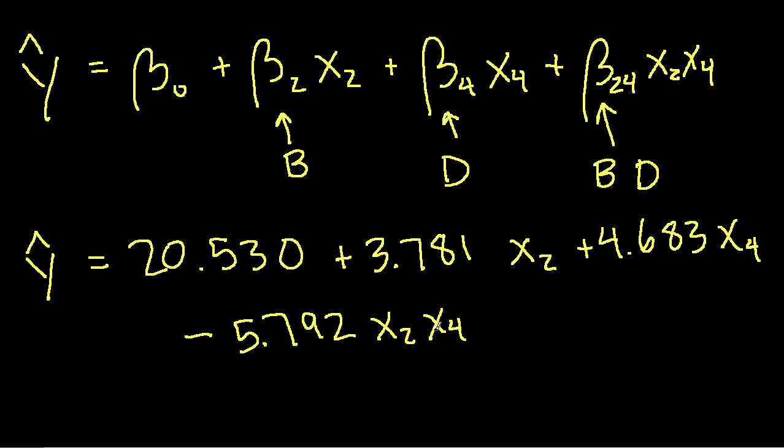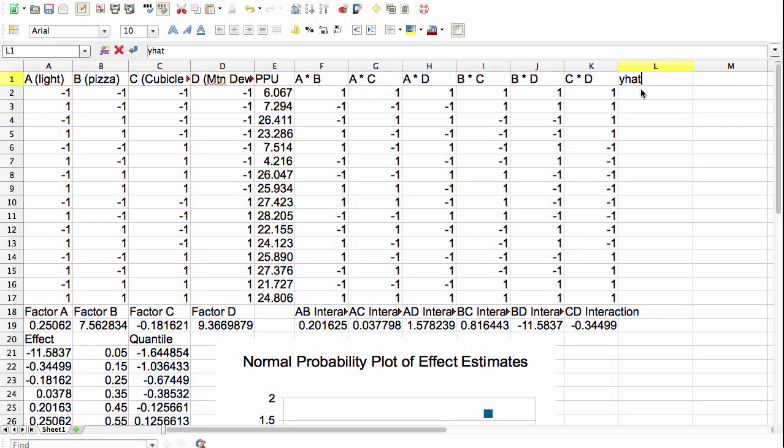One way to check whether this model provides a good model for the experimental data is to compute the model residuals and verify that they are normally distributed. We can compute the residuals as follows. First, we compute the predicted value y hat, and we extend this formula to all of the response values.